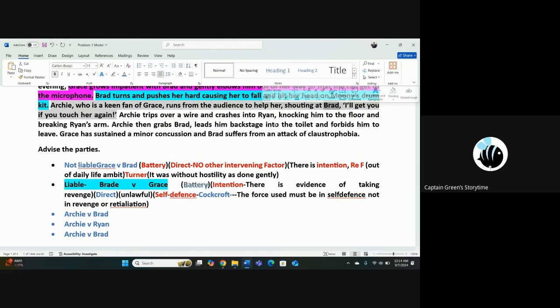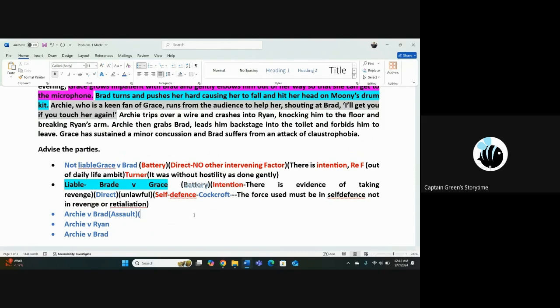Simple answer, no. Is there any direct contact or physical connection between Aki and Brad? No. Which one then applies? There is a threat given. We already studied that when a threat is given, it is an offense of assault, and we have to prove the elements. Which offense will apply? Assault. Good.